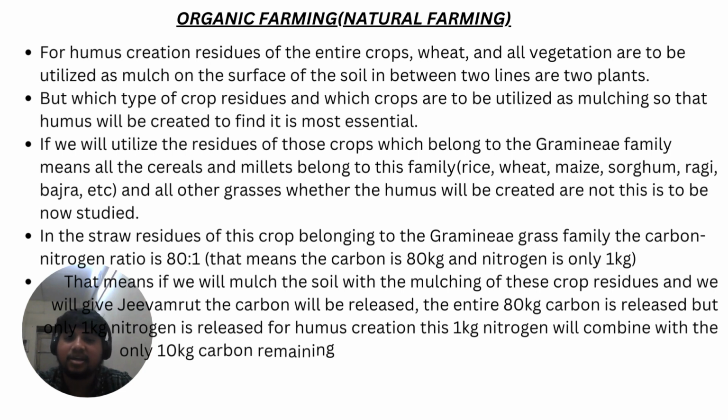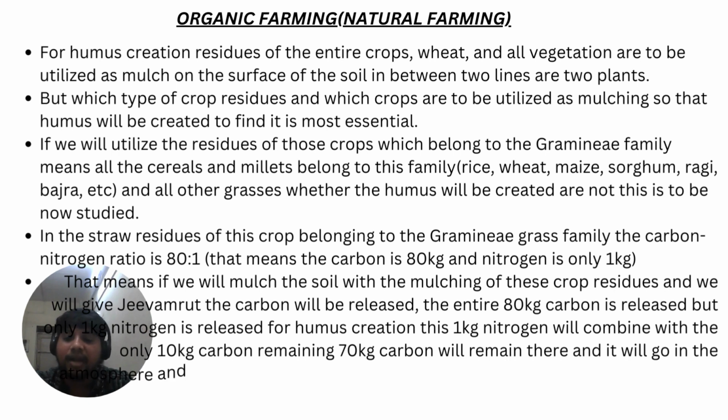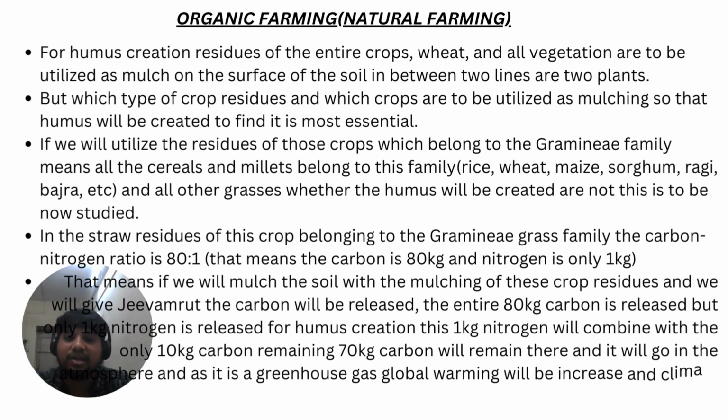The entire 80 kg of carbon is released, but only 1 kg of nitrogen is released for humus creation. This 1 kg of nitrogen will combine with only 10 kg of carbon. The remaining 70 kg of carbon will go into the atmosphere, and as it is a greenhouse gas, global warming will increase and climate change will happen.